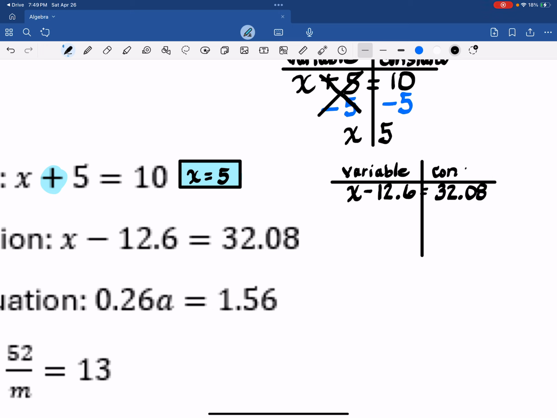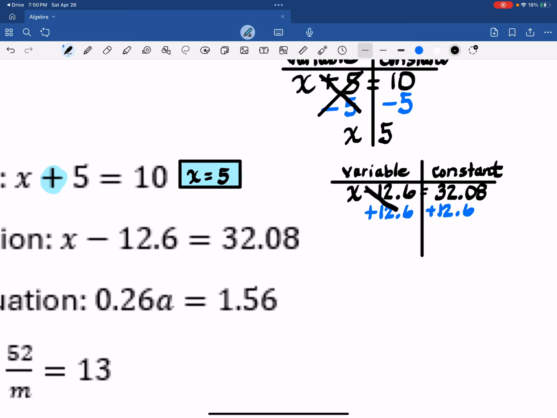And so this is the constant side. This is the number side of the problem. Ask yourself, who's on the wrong team? And it's the number. So we're going to move it with its inverse, which is the opposite. And if I do it to one side, I have to do exactly the same thing to the other side.